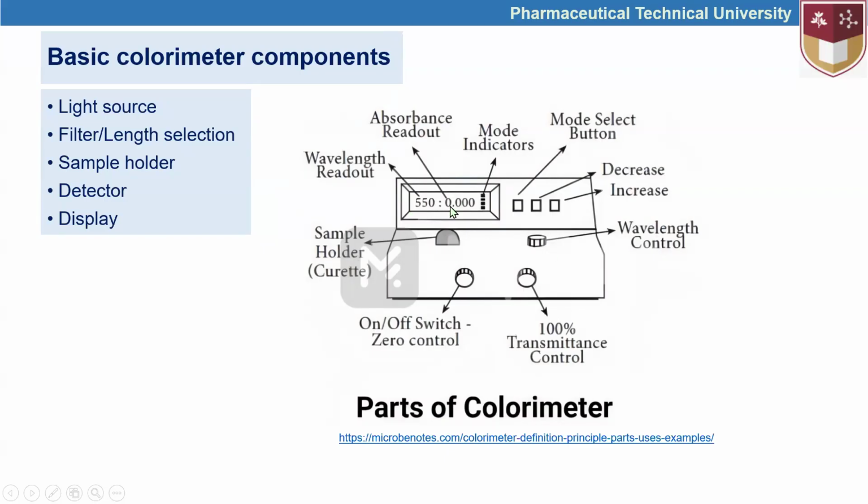And displays are shown here, and on-off switches can be provided, and transmittance control can be provided in modern equipment, and wavelength control as well. As we talked about earlier, in colorimeters different filters are used, and in spectrophotometers, monochromators are provided as light sources.